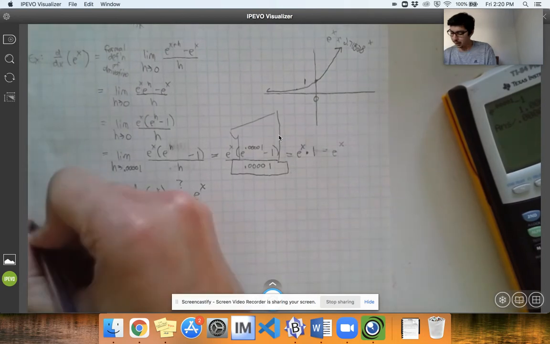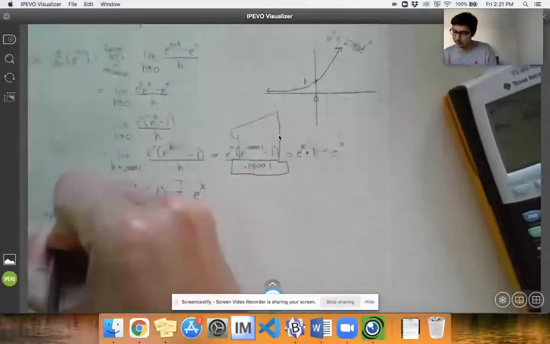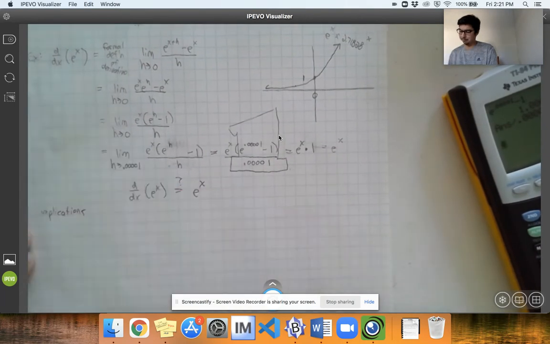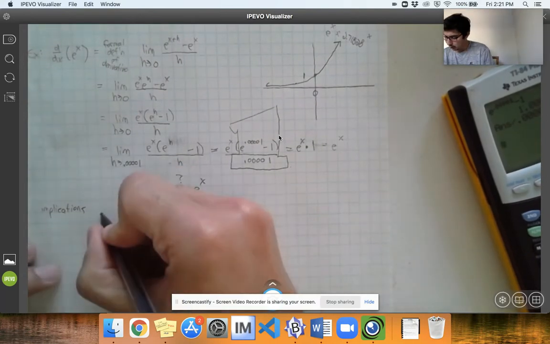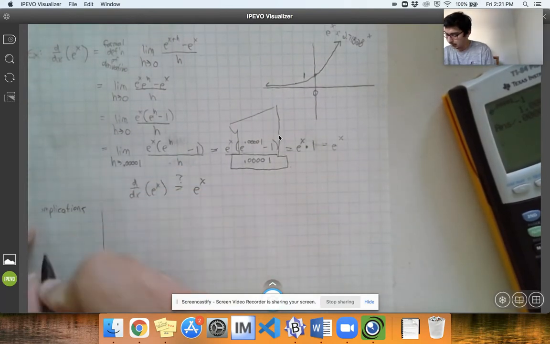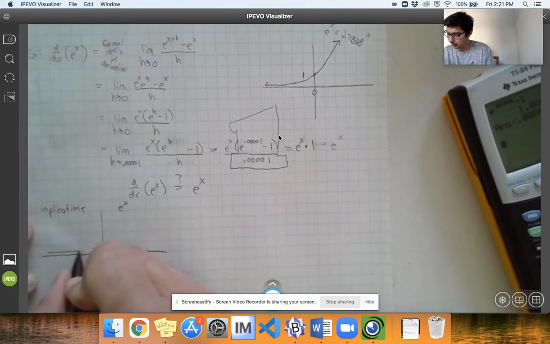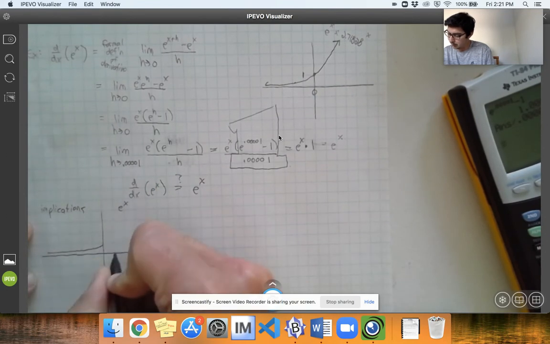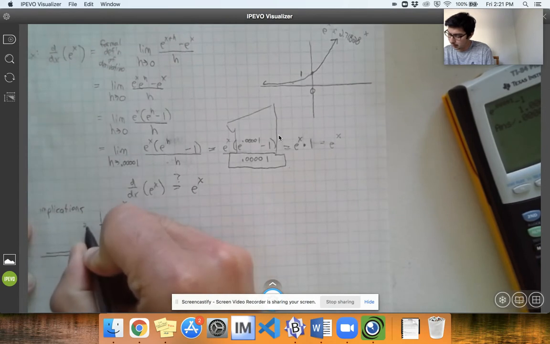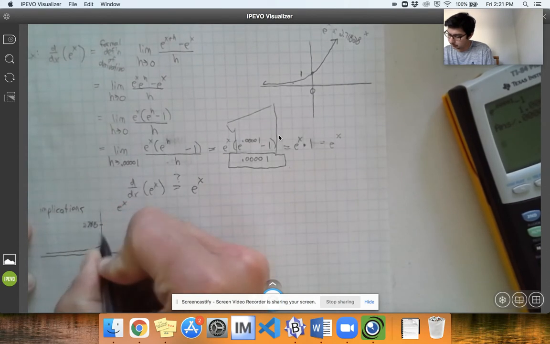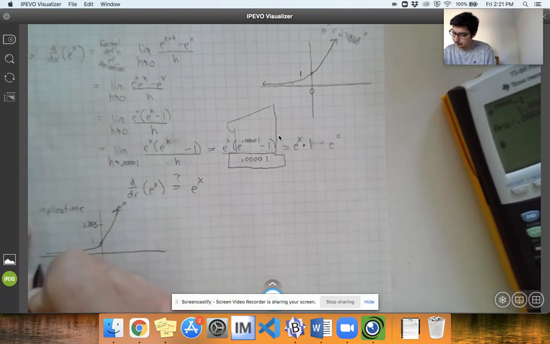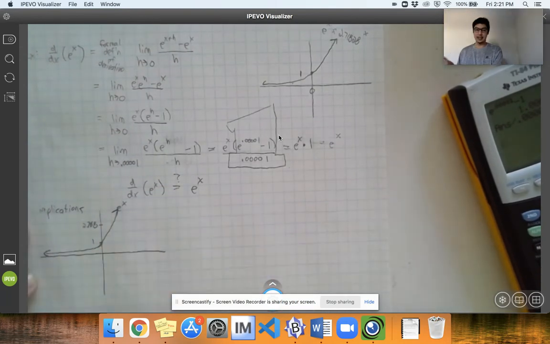Now, what are the implications of that? And I don't know if implication is the right word, but what does that mean? To give you a better understanding, if I graph e to the x, it would look something like at 0, it's at 1. At 1, it'd be at 2.718 roughly. So there's e to the x.